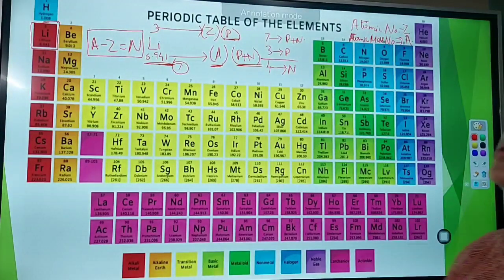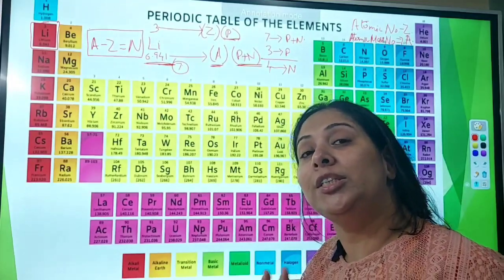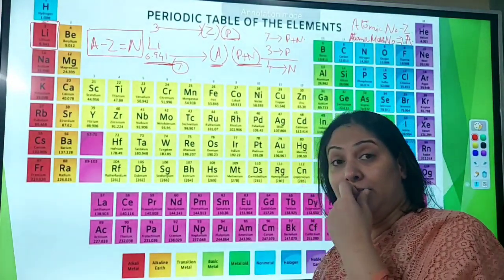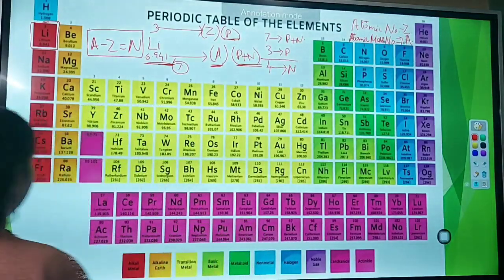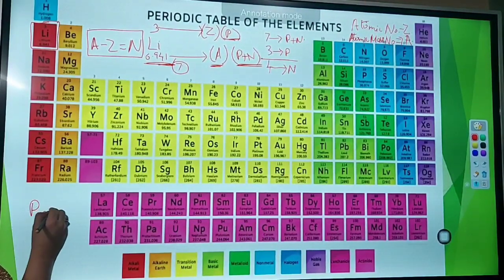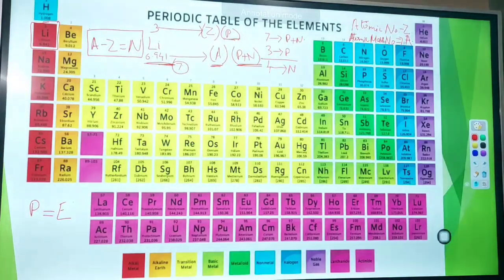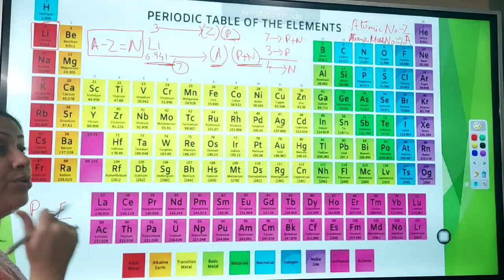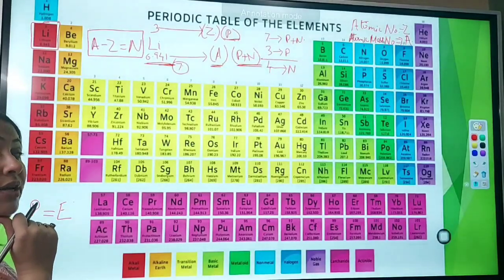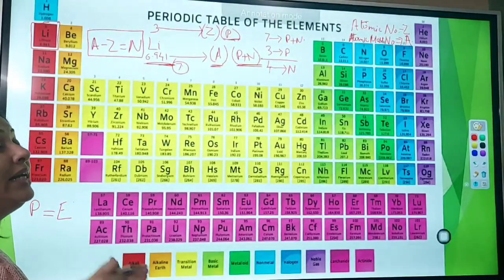So that gives rise to another aspect or another thing in atoms. Children, till now I had explained that the number of protons is always equal to the number of electrons. But then what is the count of neutrons? How will we know how many neutrons are present in an atom?